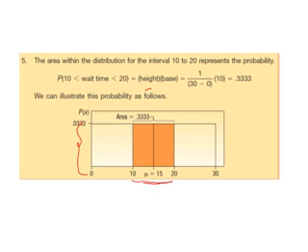So the height equals 1 over 30 minus 0, and the new base equals the maximum point, which is 20, minus the minimum point, which is 10, so 20 minus 10 equals 10.